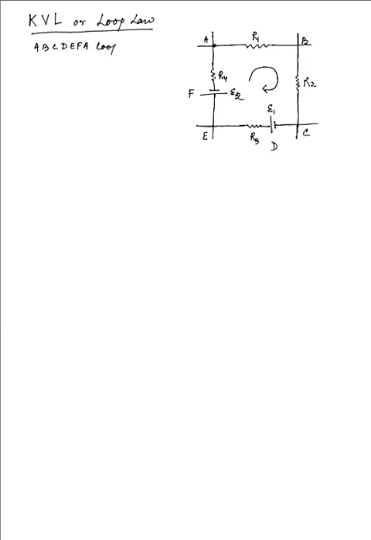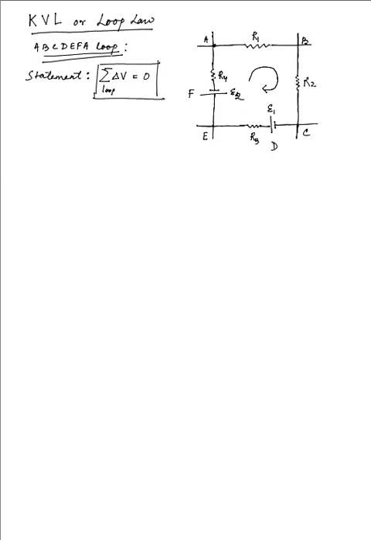That is the loop. And what does the loop law state? The loop law states that the net potential difference across a given loop has to be equal to 0. That is what we know as the loop law.